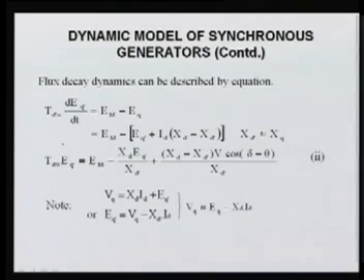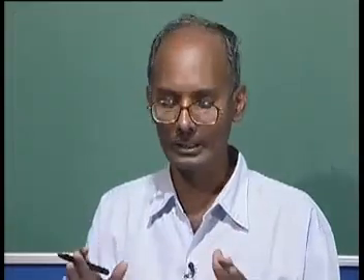Using TDO prime, we can write the differential equation in this fashion. This is EFD minus EQ. Now this EQ is EQ prime plus XD minus XD prime times ID, and XD prime is normally nearly equal to XQ. You can see several books that have a detailed flux decay model.